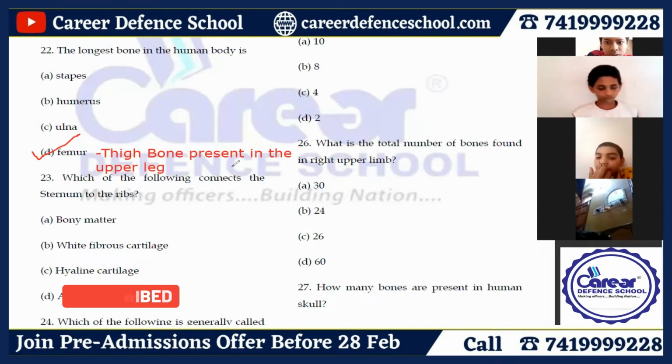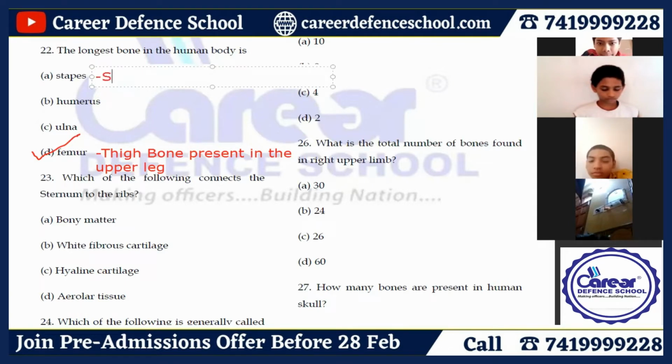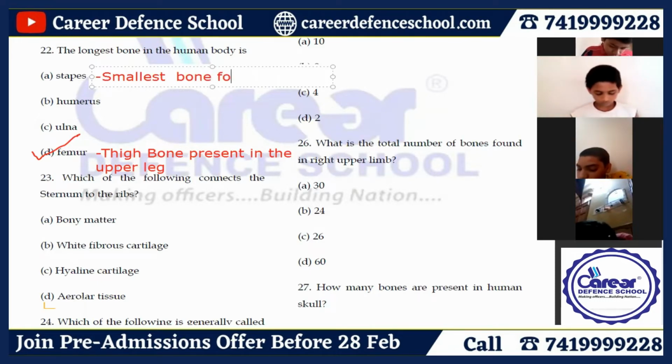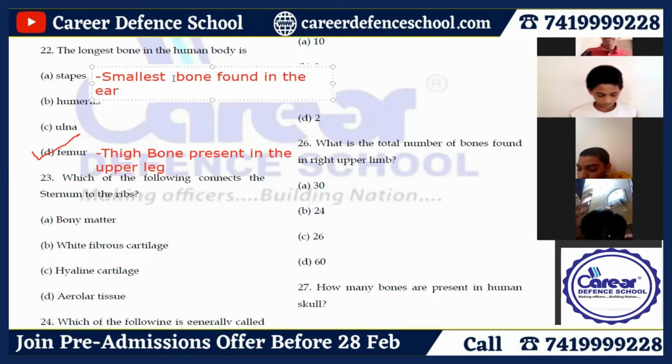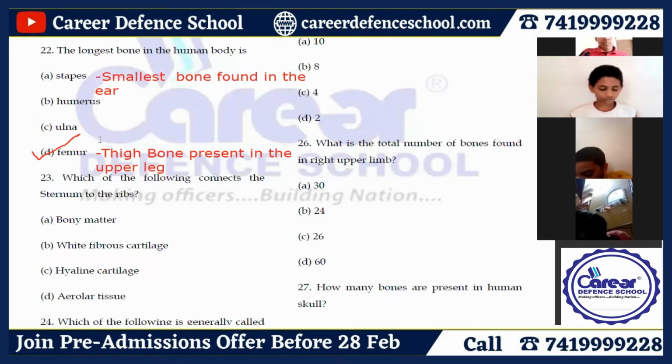So it is stapes, the smallest bone. Write down, everyone. Smallest bone found in the ear. Okay. And humerus and ulna, you all know, are present in the arm, not the leg.